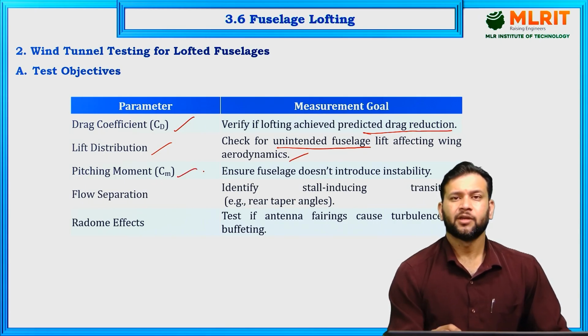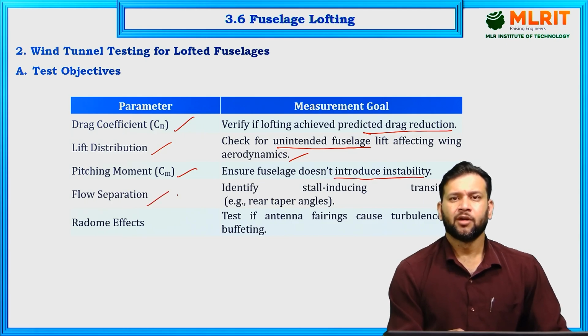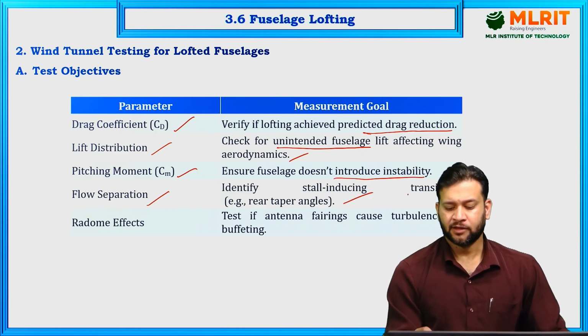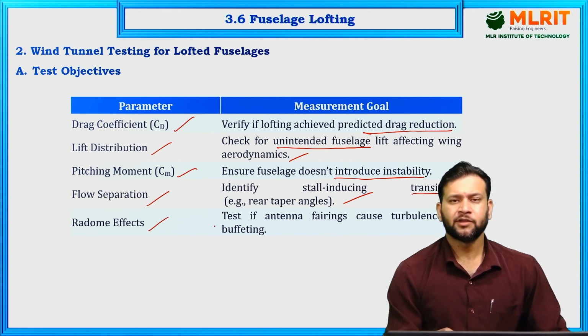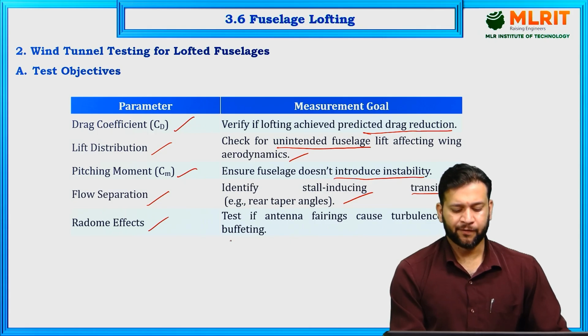Pitching moment ensures the fuselage does not introduce instability. Then flow separation, where we identify stall-inducing transitions, ensuring there are no early stalls. Then radome effects: test if antenna fairings cause turbulence or buffeting.